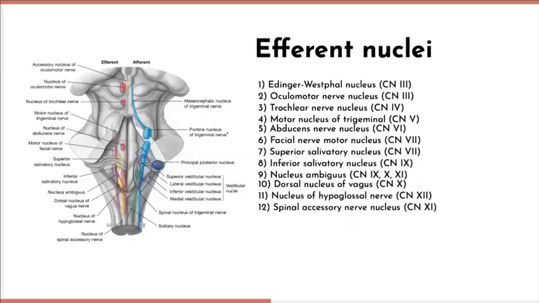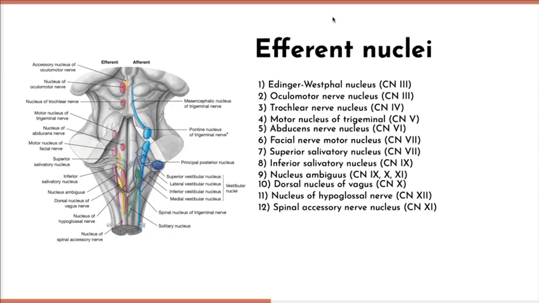Now, you can use the abbreviation SO4 and LR6. SO4 means superior oblique, which is innervated by cranial nerve 4, which is the trochlear, and LR6 is lateral rectus muscle innervated by the adjacent nerve, which is cranial nerve 6.